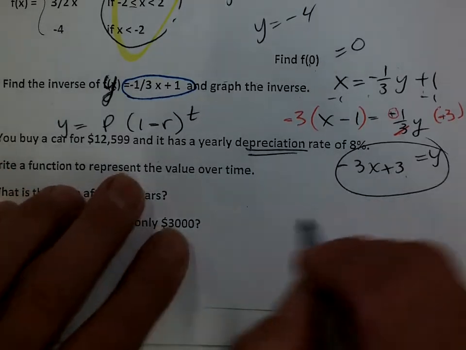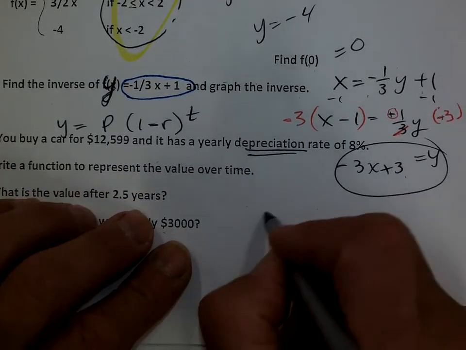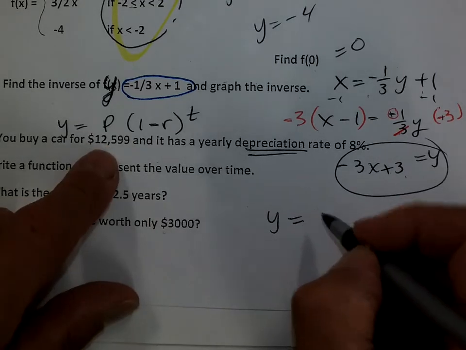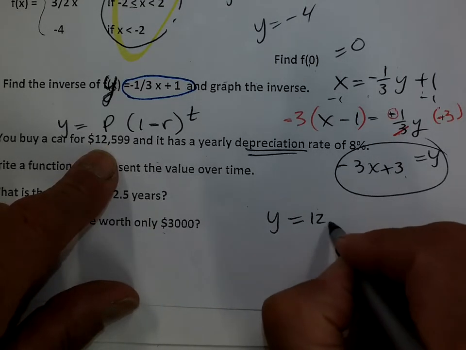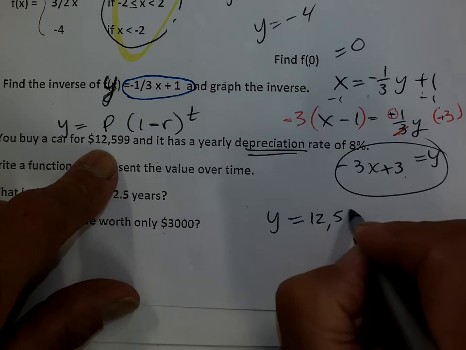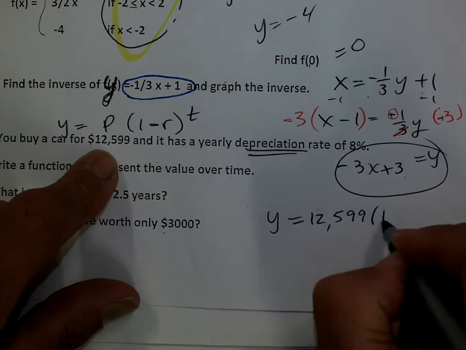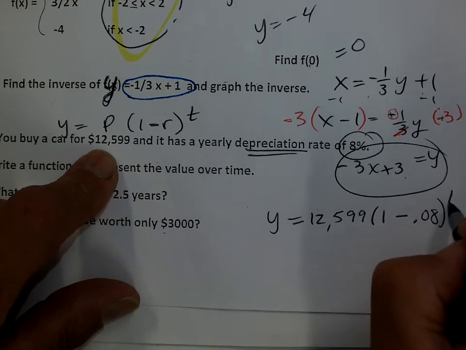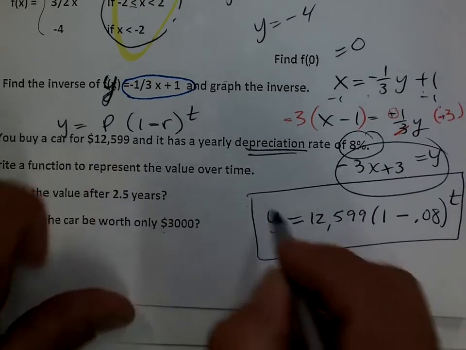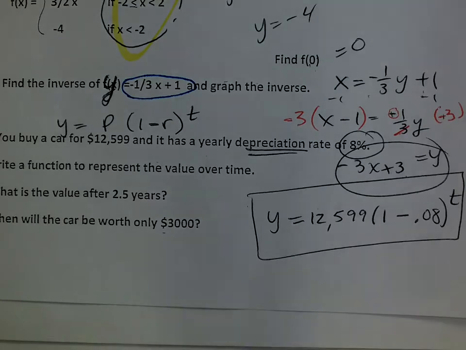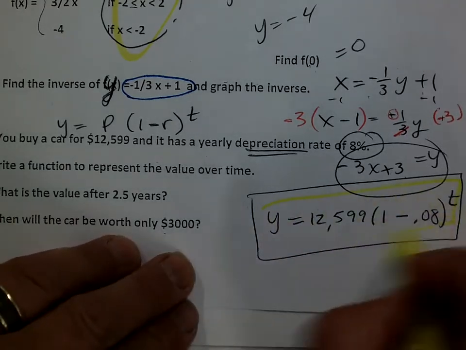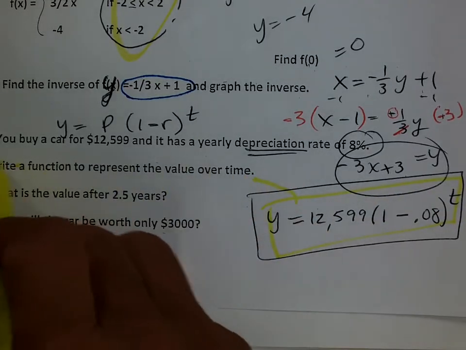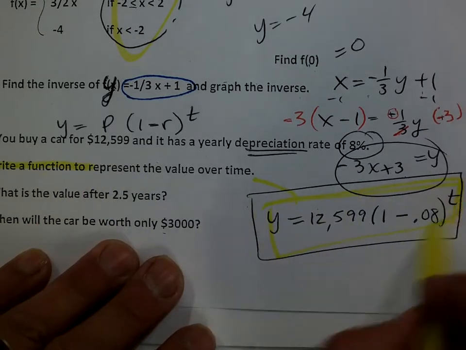So in this case, y equals my starting amount, my principal, 12,599 times 1 minus 8%, 0.08, to the t. Okay, there is my equation. Write a function. That's my equation, my function. That's what I want, is that equation or that function.